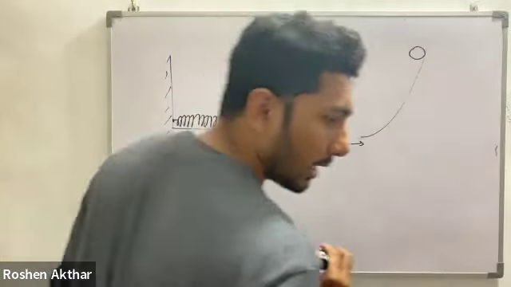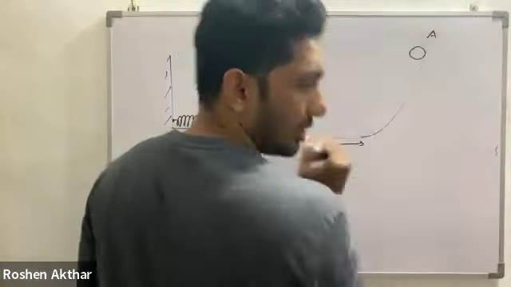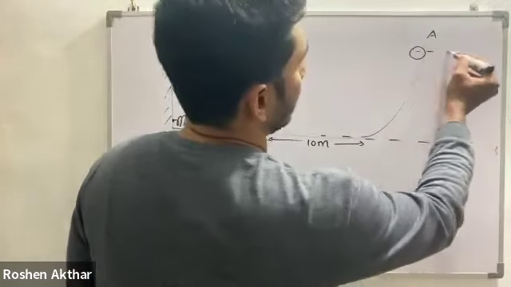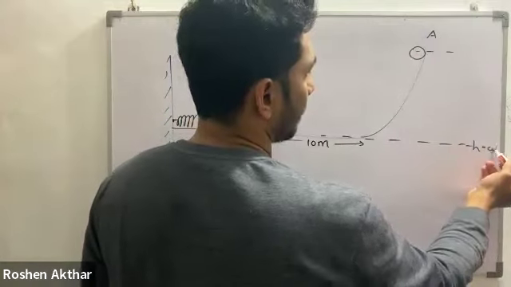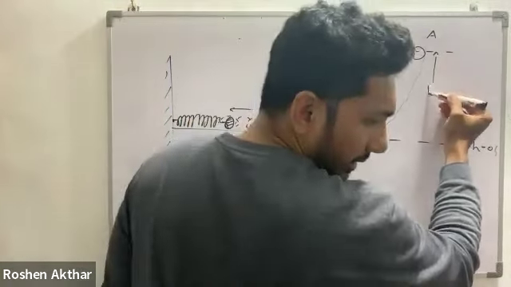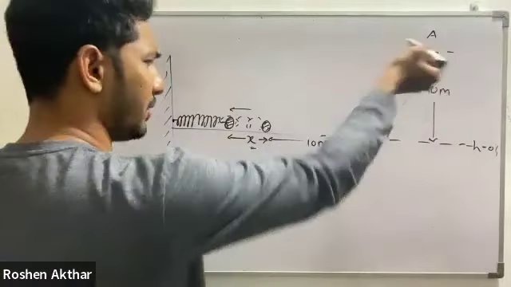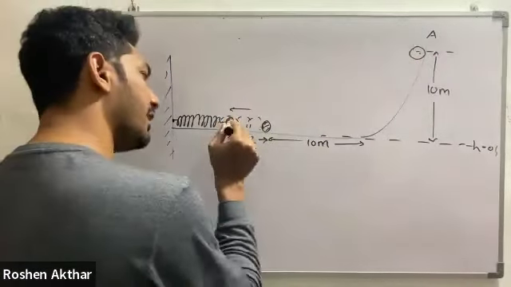And this is the mass at the initial position. Let's say this is the zero potential level. From that level, the height initially was 10 meters. So use the law of conservation of energy from here directly to here.